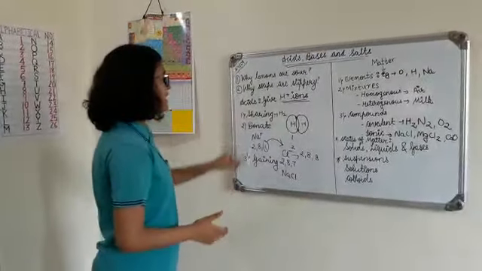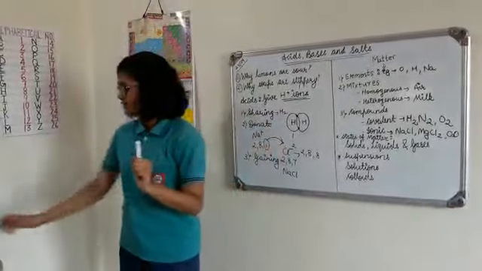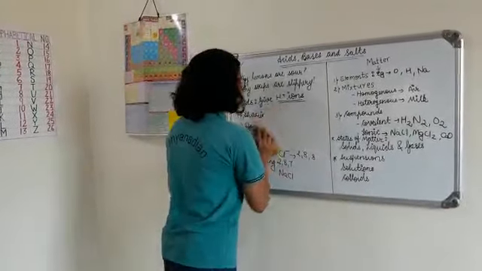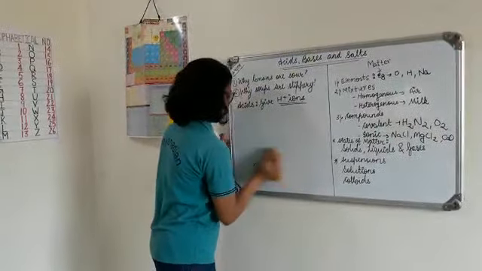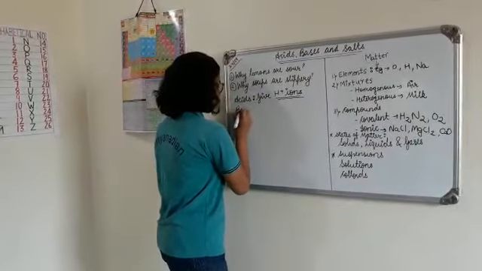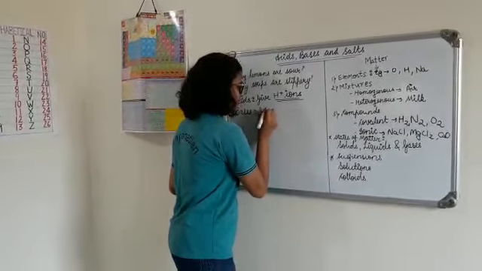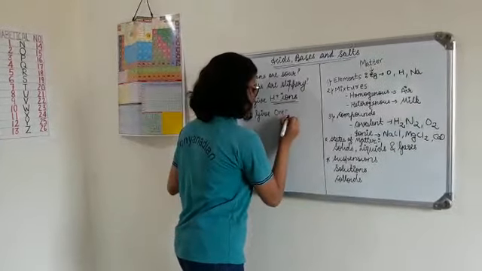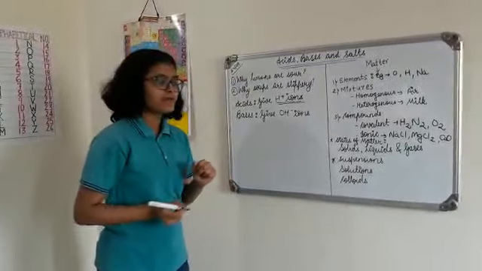So we have got that H plus ions are given by acids in an aqueous solution. Then what is the condition with bases? Bases give OH minus ions in an aqueous solution. So what are the examples of acids?